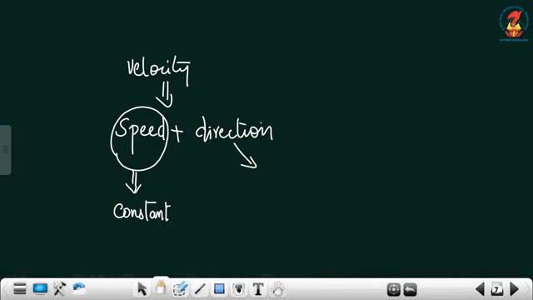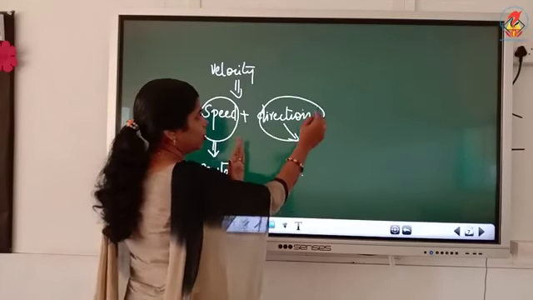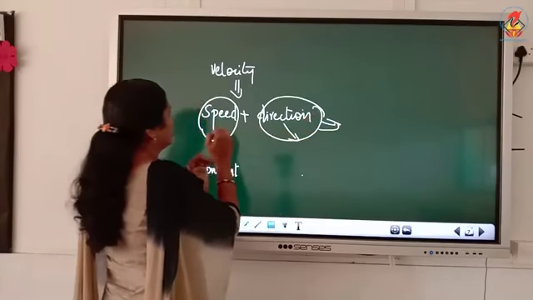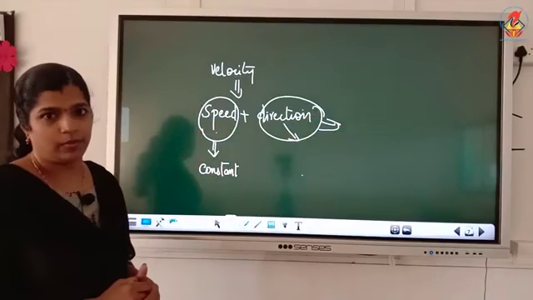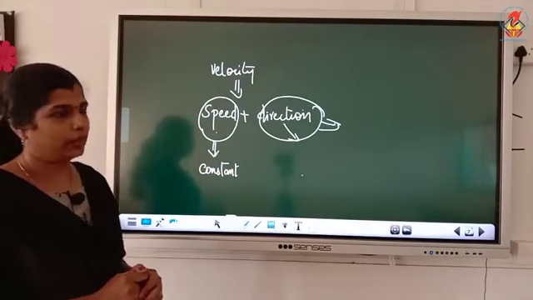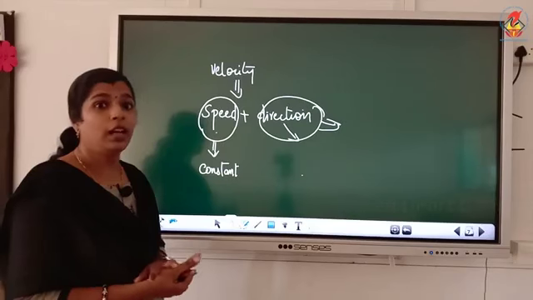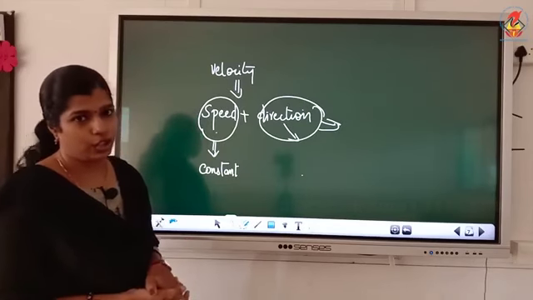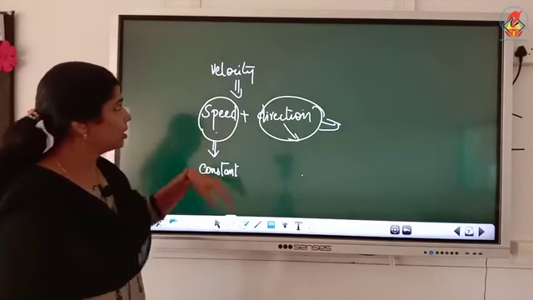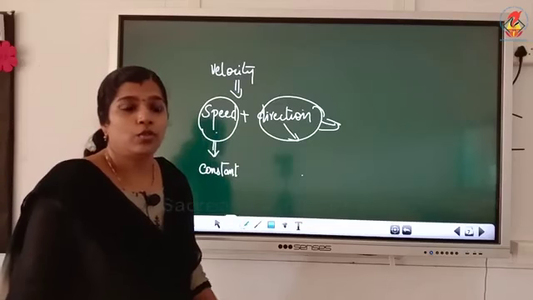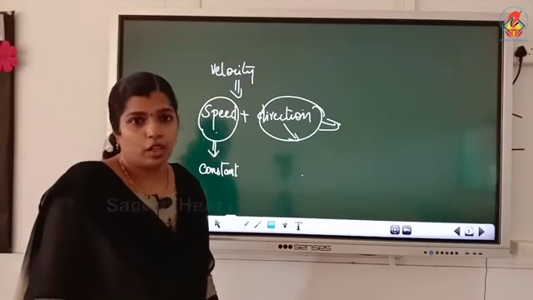Direction will be changing, keeping the speed constant. Second way, keep the direction constant and change the speed. Third one, both you can change, speed and direction. So that is three ways to change the velocity of an object.